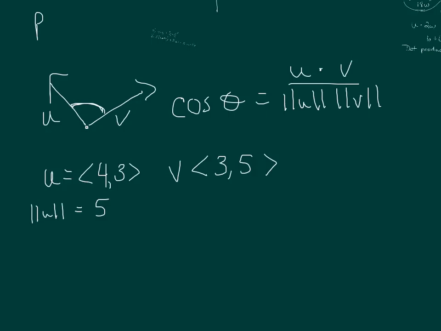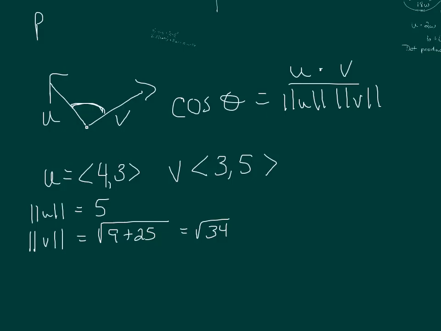Those numbers come up a lot. But we're going to have to work out v. It's the square root of 16 plus 9... the square root of 34. All right, so the magnitude of v is the square root of 34.